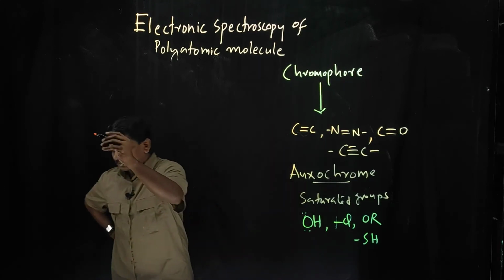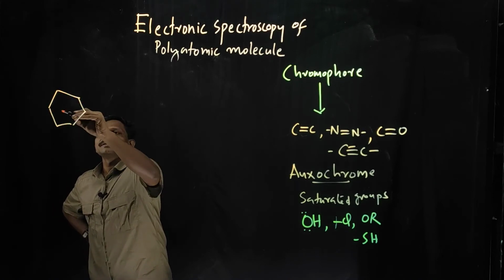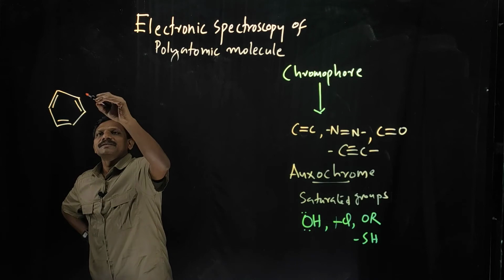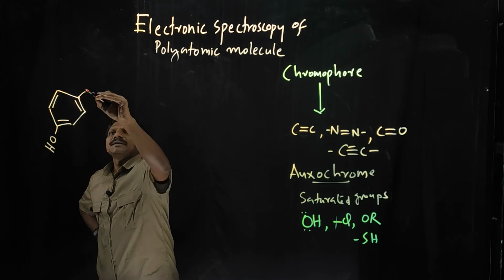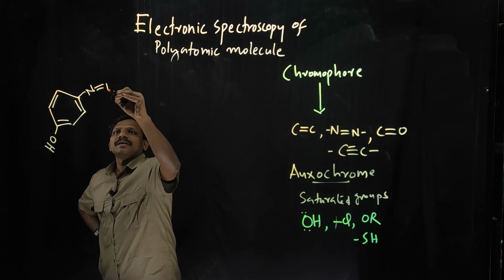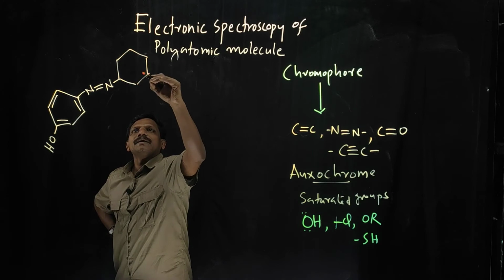So I will draw one structure here, then I think you can understand what I mean. Okay, this is your benzene ring. Suppose I am attaching an OH here, and N double bond N, and another benzyl ring.